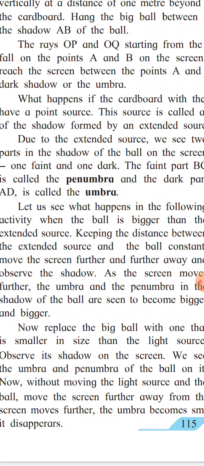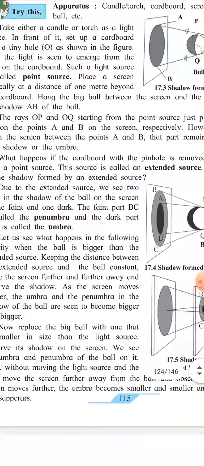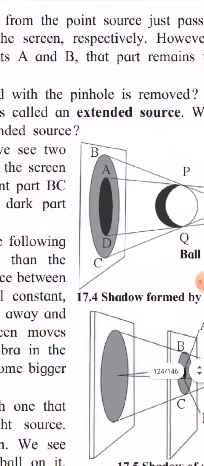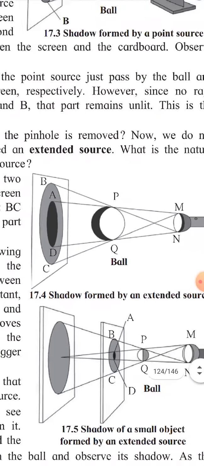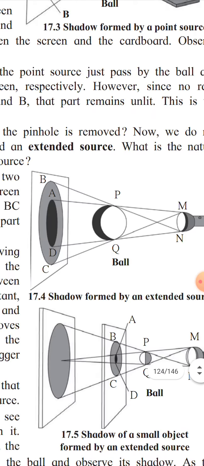Due to the extended source, we see two parts in the shadow of the ball on the screen. One is very faint. A and D is the dark shadow, and B and C is the very faint shadow. The faint part BC is called penumbra, the faint shadow obtained from the direct source.